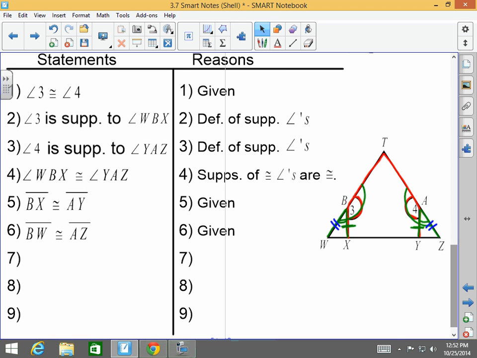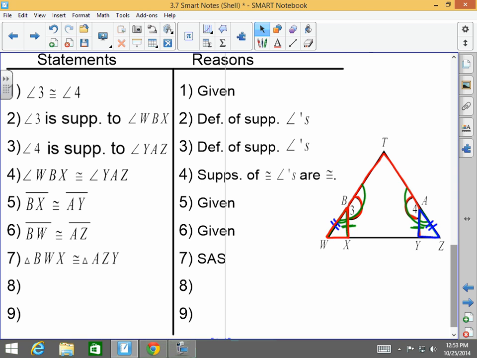Now we can really focus on the two little triangles here, triangle BWX and AZY, and we can prove that triangle BWX, which I'll do in red, is congruent to triangle AZY, which is this guy right here in blue, because of side, angle, side.